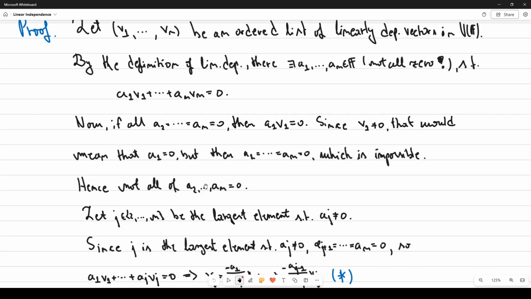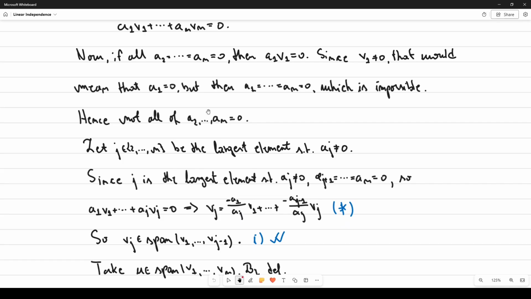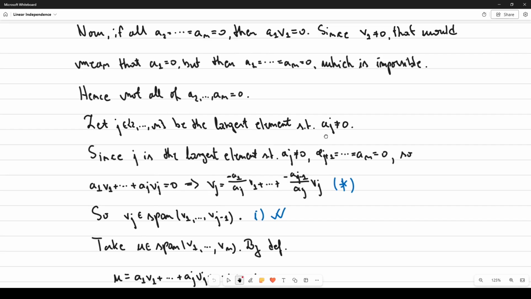Hence, not all of a2 all the way to an are equal to 0. So we assumed that these were equal to 0, and we got a contradiction. So that means that this cannot be the case. Now that we've established that they're not all 0, we can define j from the set of indices 1 all the way to n to be the largest element such that the ajth scalar is different from 0.